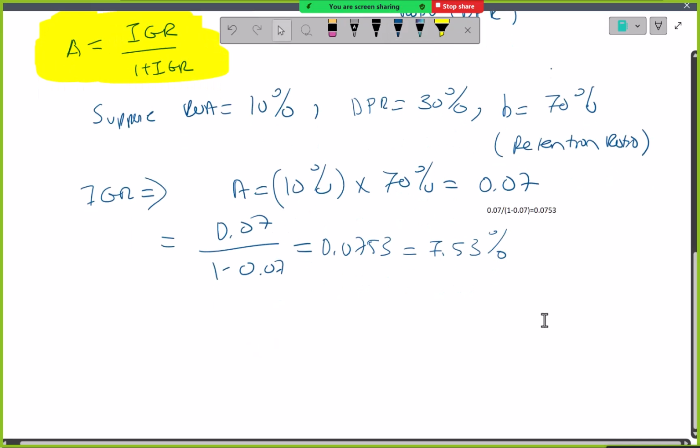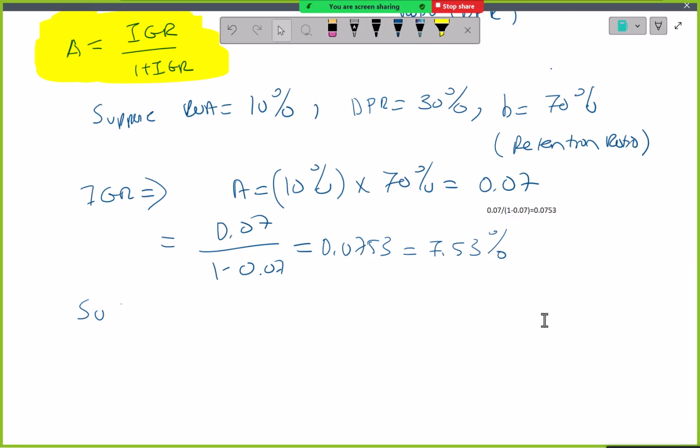The next one we're going to do is called sustainable growth rates, and we're going to abbreviate that to SGR.